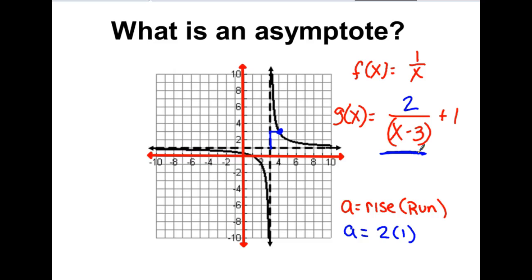But on our graph, they can't go over the asymptote. Go as close as they possibly can without ever touching the asymptote. So that's what an asymptote is. The graph gets closer and closer, but it cannot ever touch the asymptote. So does that clear that up a little bit?